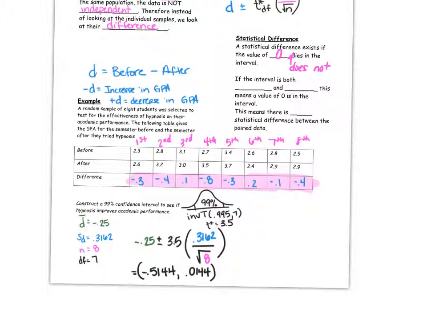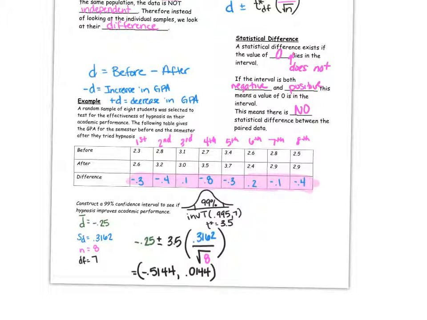But because 0 is in there, if the interval is both negative and positive, this means a value of 0 is in the interval. And what this really means is that there is no statistical difference between the paired data.